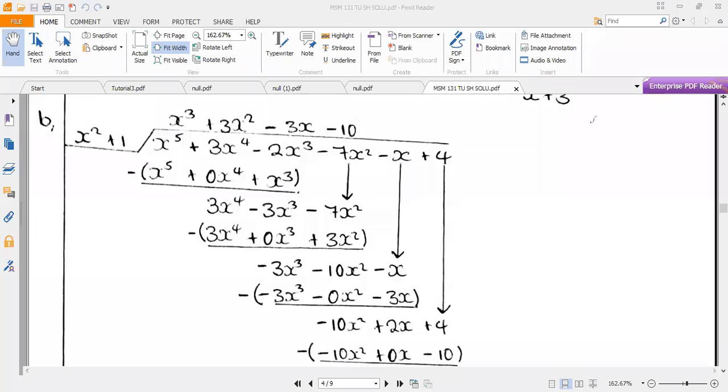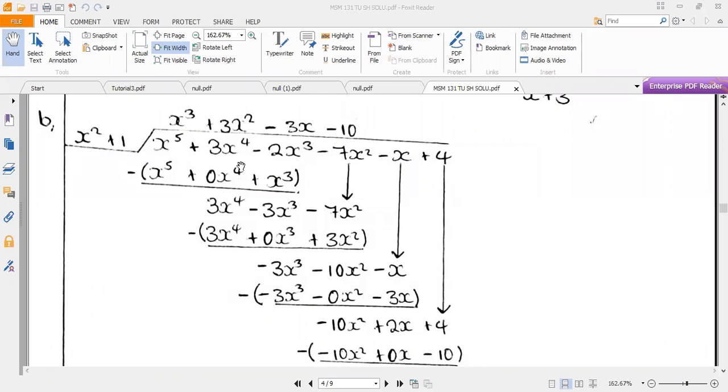So I was saying I'm not clear on the part for 0x to the power 4. Okay, all right, just a minute. So you said you are not clear on the part. Which part? The 0x power 4.